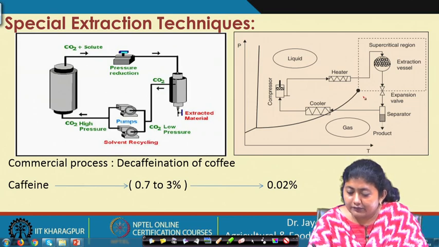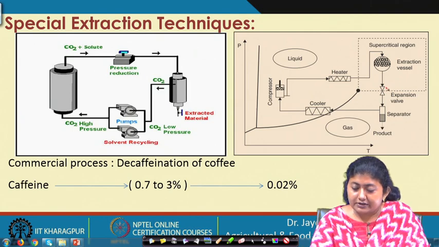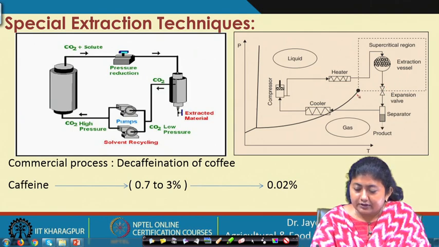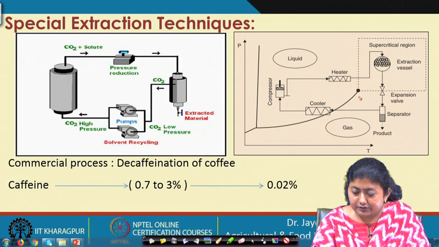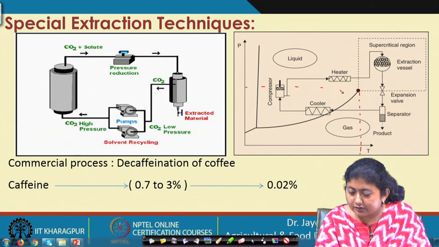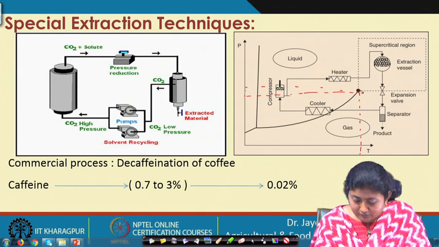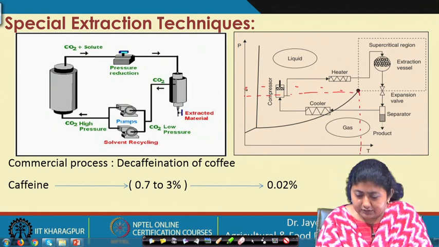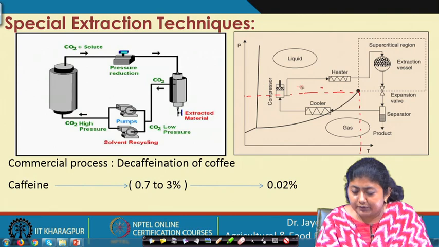Extraction takes place in the supercritical region, beyond the gas and liquid region, where you have exceeded the critical temperature and the critical pressure.